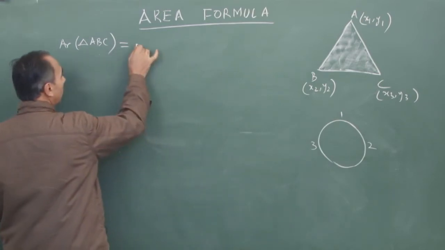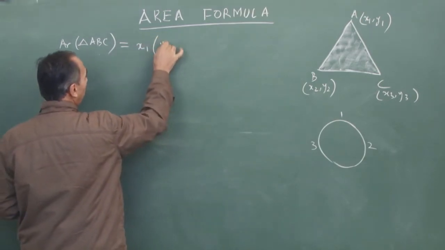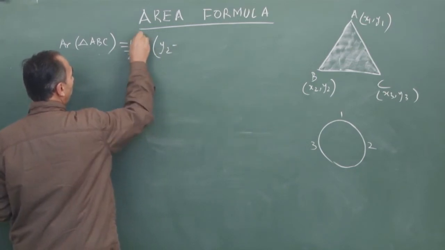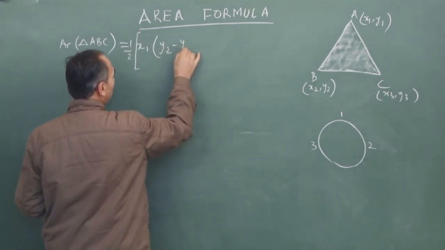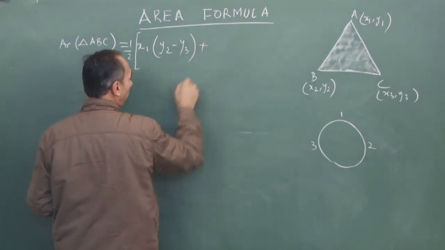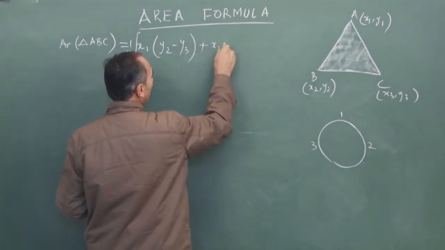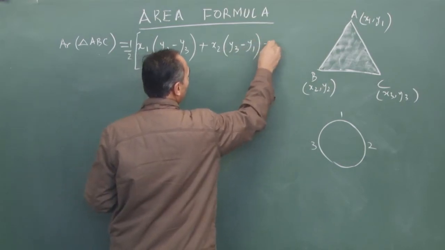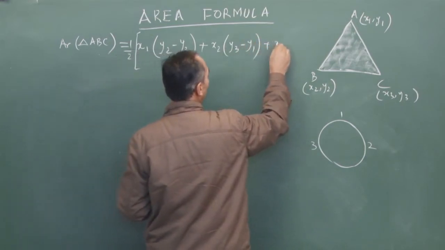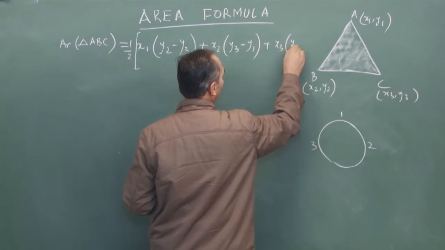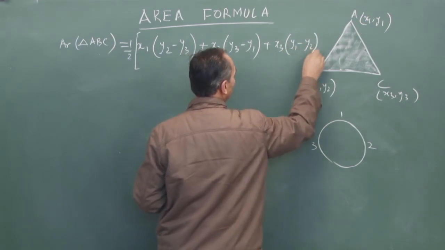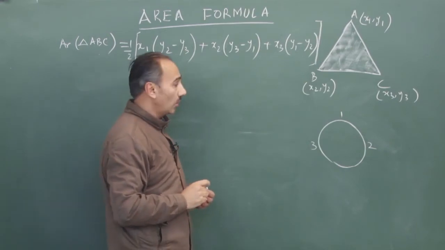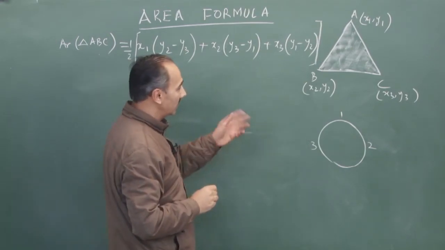So the formula is like this: 1/2, x1 into (y2 minus y3) plus x2 into (y3 minus y1) plus x3 into (y1 minus y2). So this formula gives you the area of a triangle whose 3 vertices are given.